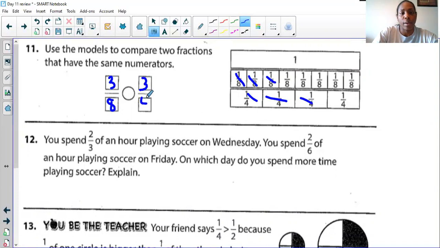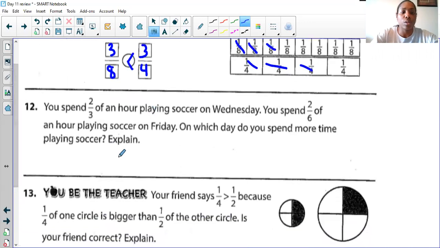And when I compare these fractions, I can tell you by looking at this model over here, 3 parts of 3/4 is bigger than the eighths up here at the top. So that means 3/8 is going to be less than 3/4.